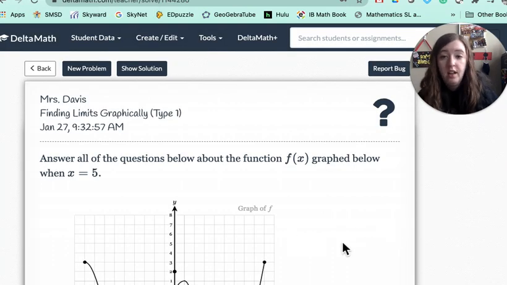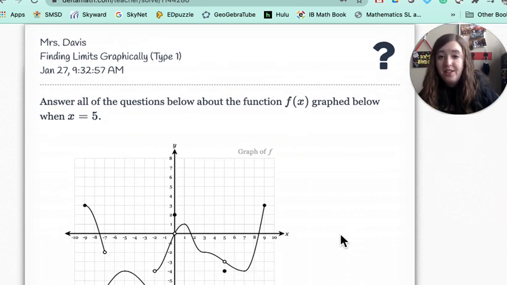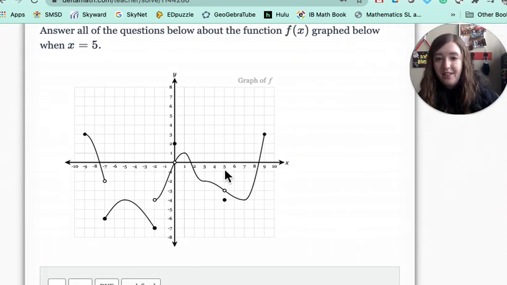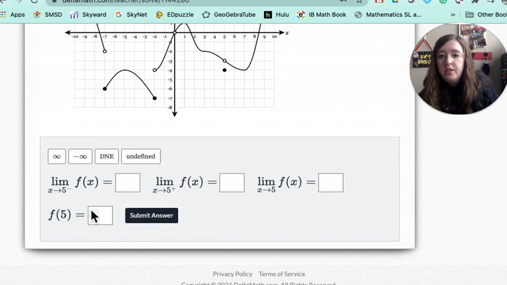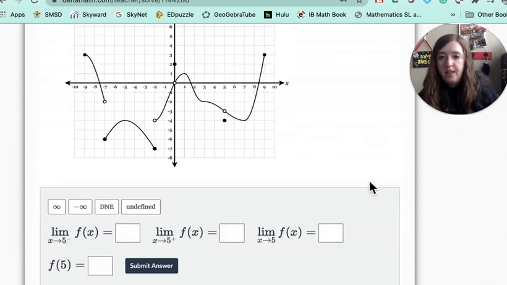Okay, so we want to answer all of the questions about this function when x equals 5. So we're looking right here at x equals 5. So the limit as x approaches 5 from the left. Coming from the left, my y value gets closer and closer and closer to -3 there.